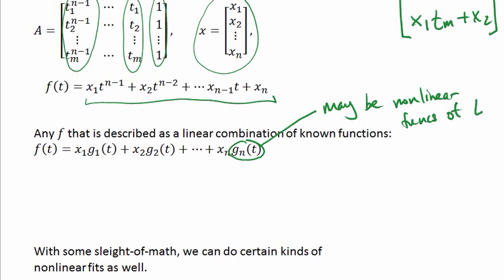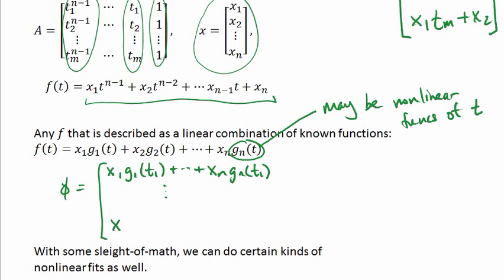And in fact, we saw that with the polynomial. It doesn't matter because we can still write phi, which is x1 g1 of t1, and so on through xn gn of t1.